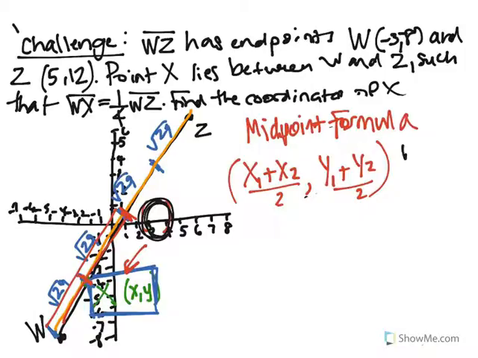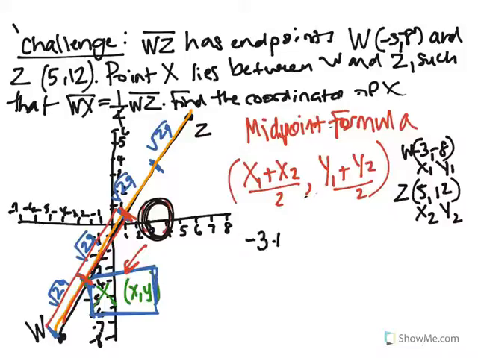So I have W, which is (-3, -8), and then I have Z, which is (5, 12). Okay, so this will be my x1, this will be y1, this will be x2, this will be y2. I'm going to plug them into this equation. I have x1 is -3 plus x2, which is 5, over 2, y1 plus y2 over 2. So I have y1, which is -8, plus y2, which is 12, over 2.